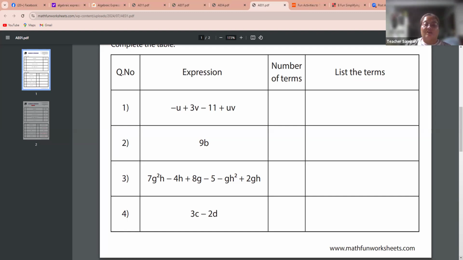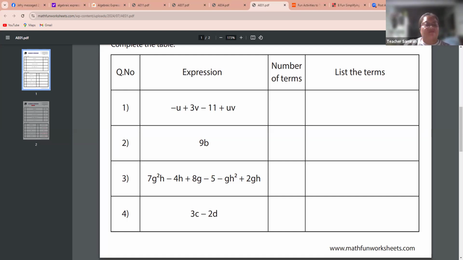For number 2, it is 9b. For number 3, 7g squared h minus 4h plus 8g minus 5 minus gh squared plus 2gh.